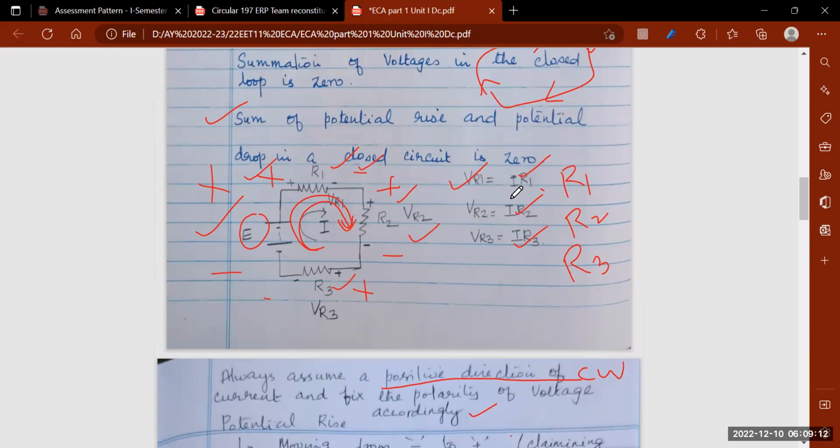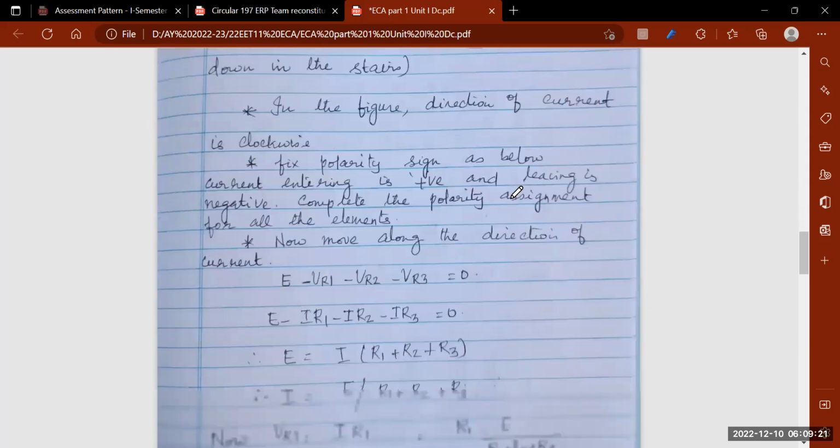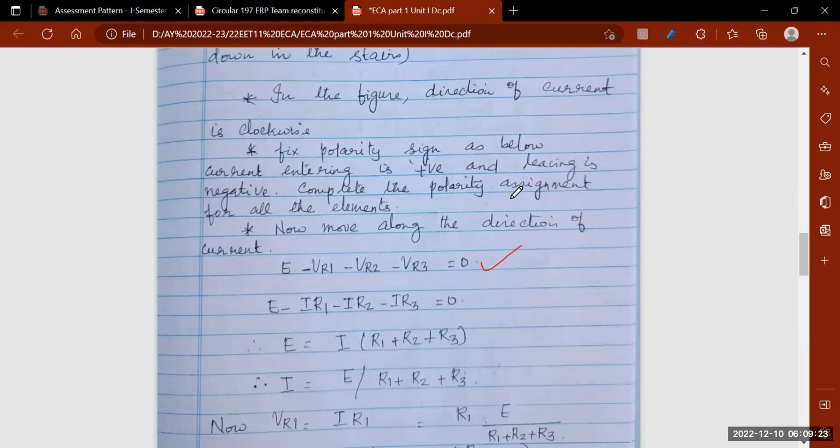VR2, plus to minus, potential drop. VR3, plus to minus, potential drop. So if I write the KVL equation, this is the equation representing my circuit: E minus VR1 minus VR2 minus VR3 equal to 0.